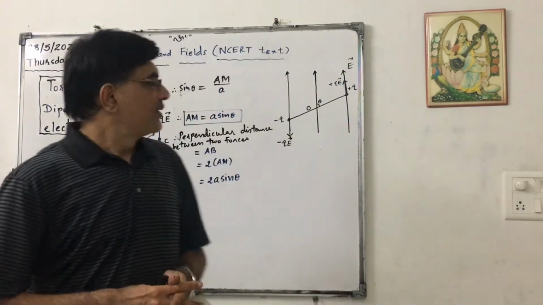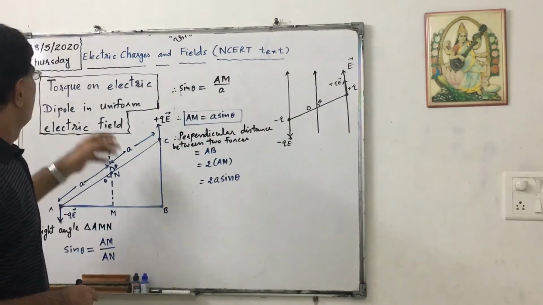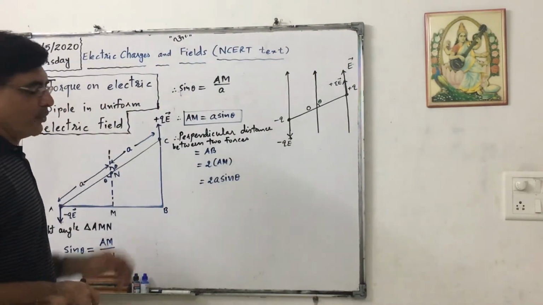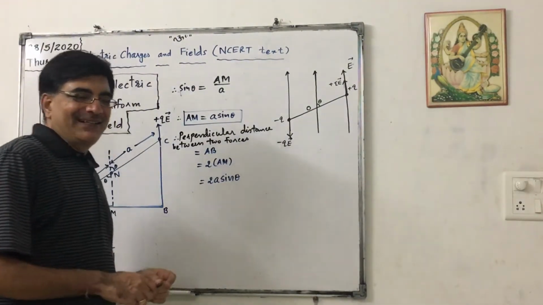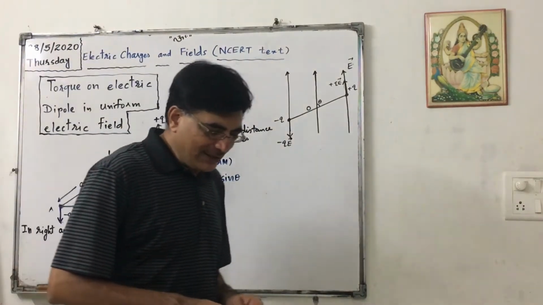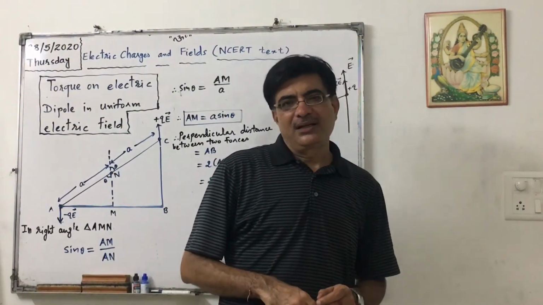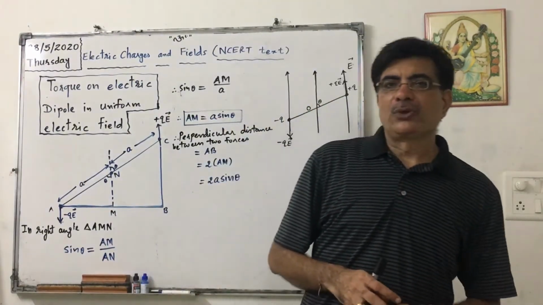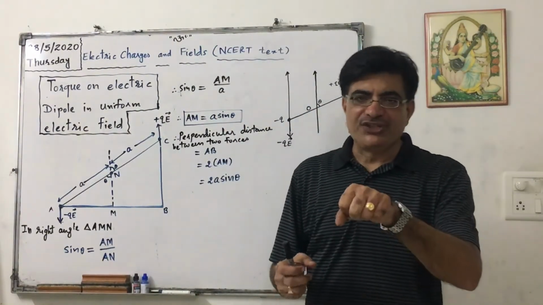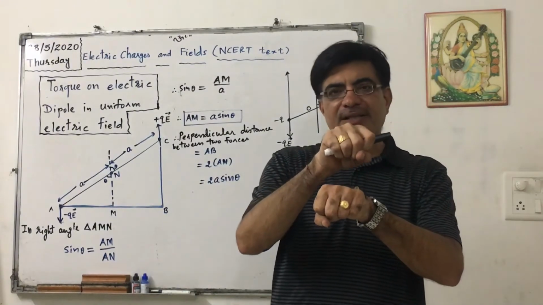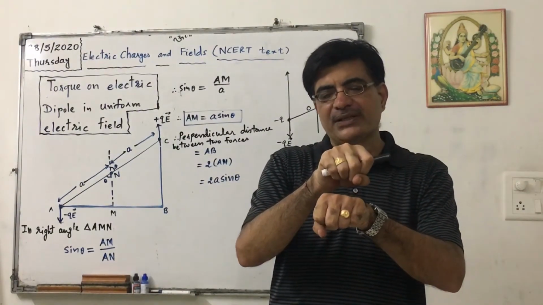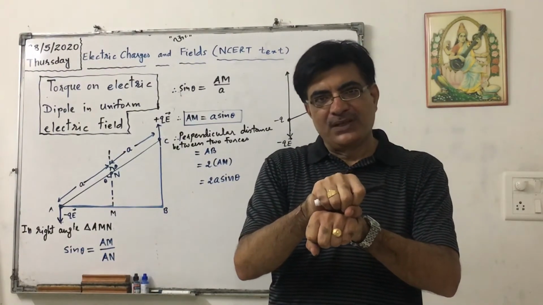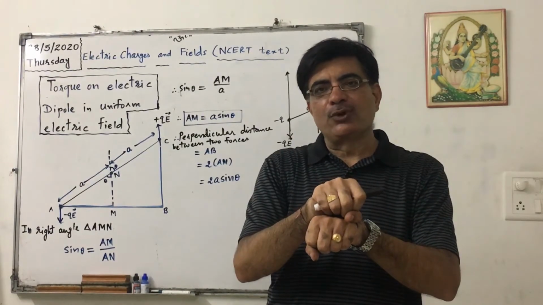Okay? So first of all, see, electric dipole. What is electric dipole? Last time we discussed that there are non-polar and polar molecules. Non-polar molecules means positive and negative charges, their centers are at the same point, so they have no electric dipole moment.